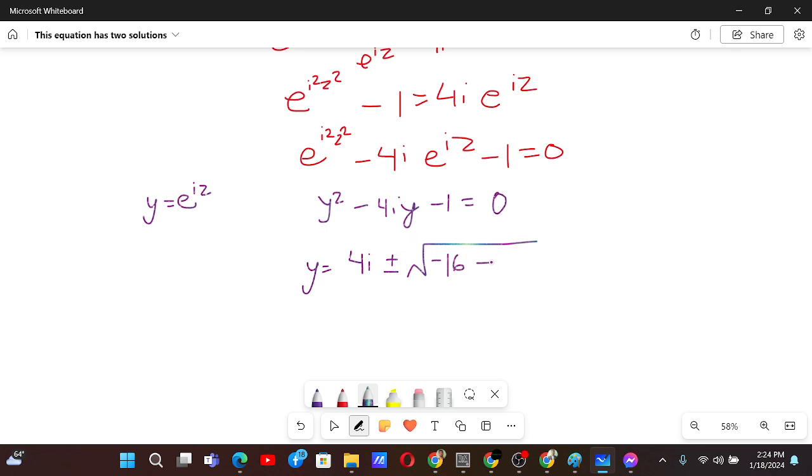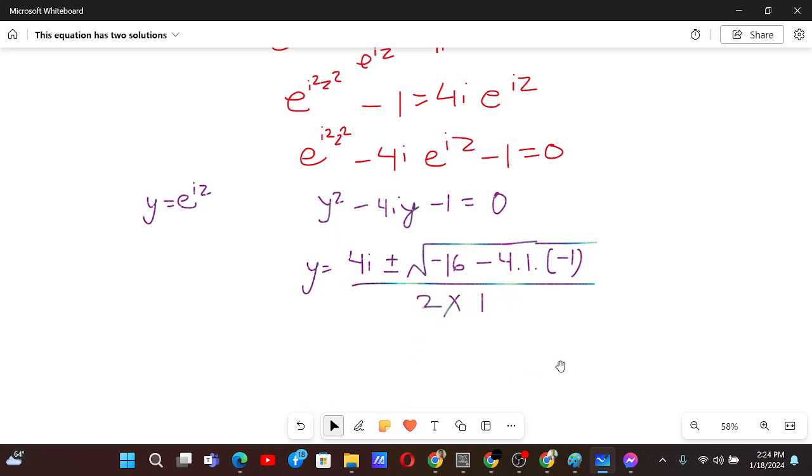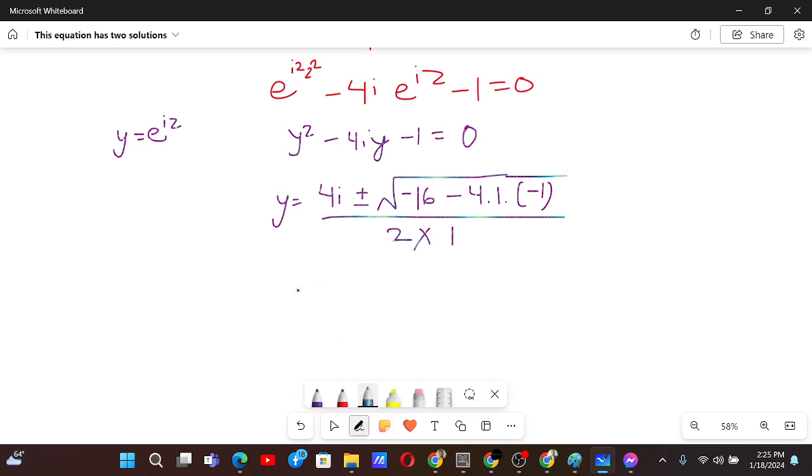Minus 4ac, where a is 1 and c is minus 1, all by 2a, and 2 times a is again 1. So now y is 4i plus minus the root of minus 16 plus 4, that's minus 12, by 2.